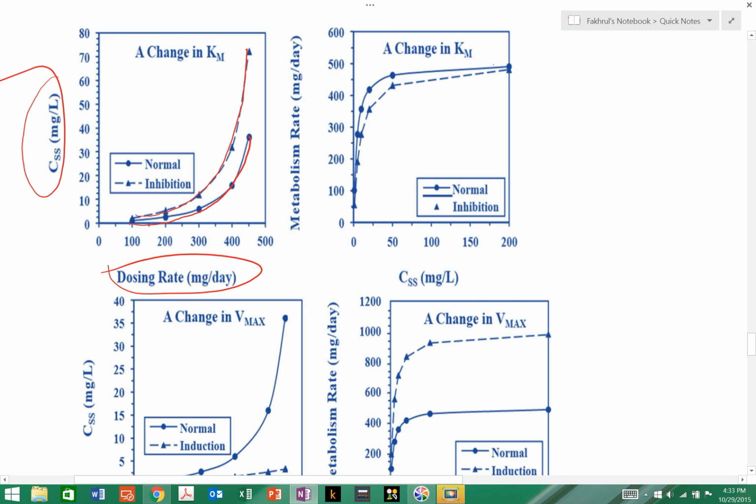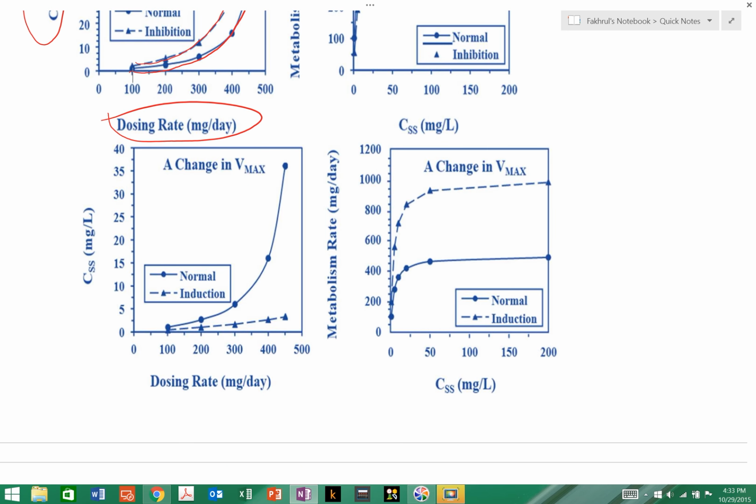That means this curve shows that a change in Km does not have a dramatic effect on the CSS, but Vmax, you see here, this is the change in Vmax. When Vmax changes, this is normal. In case of enzyme induction, CSS goes down dramatically.